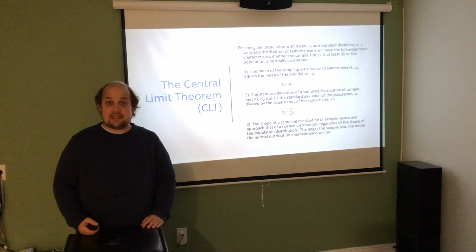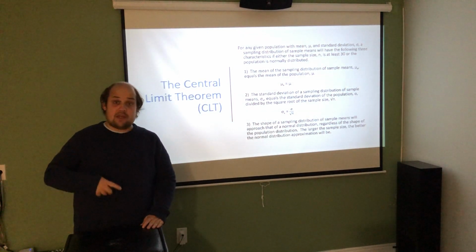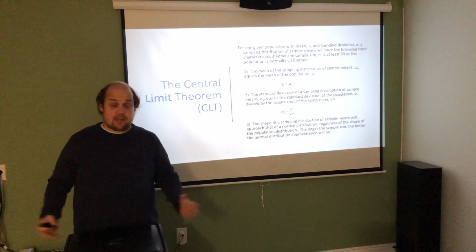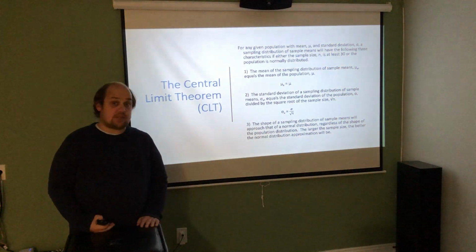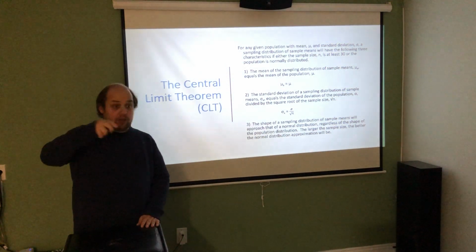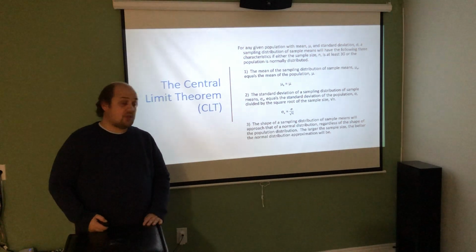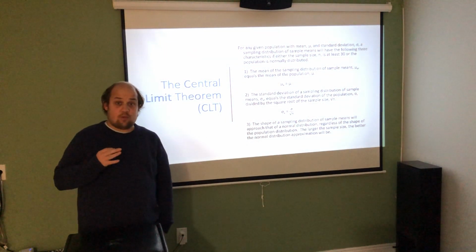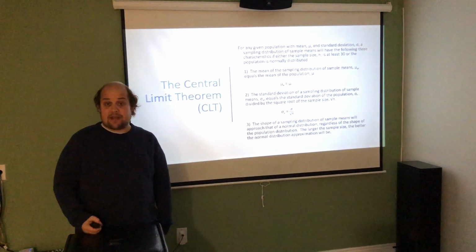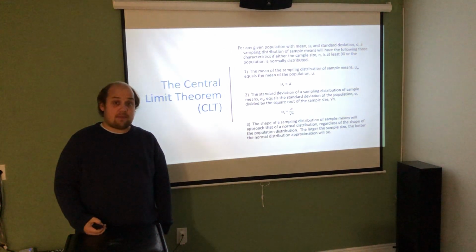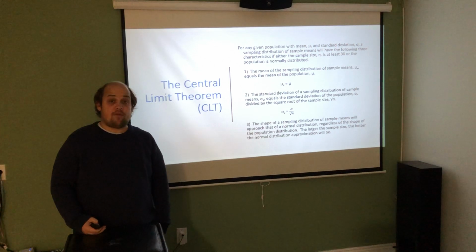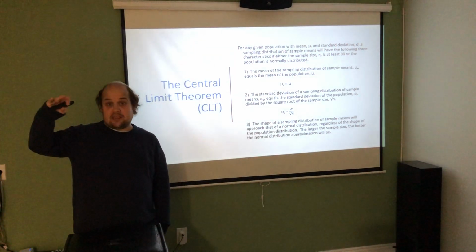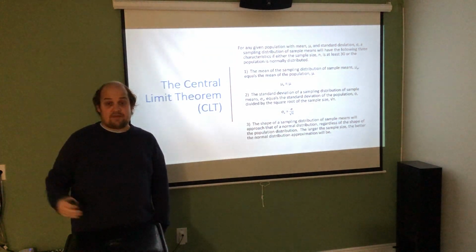Basically what you're going to see is if you take repeated samples from any type of distribution, slowly it becomes a normal distribution. The one that I like to do on the board a lot is one that uses dice, where if I roll a die one time, the distribution looks like a uniform distribution. 1 is as likely as 2, is as likely as 3, 4, 5, 6.